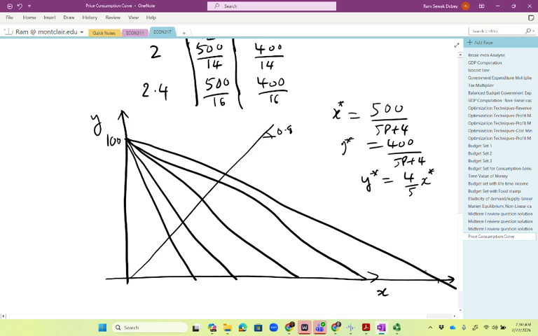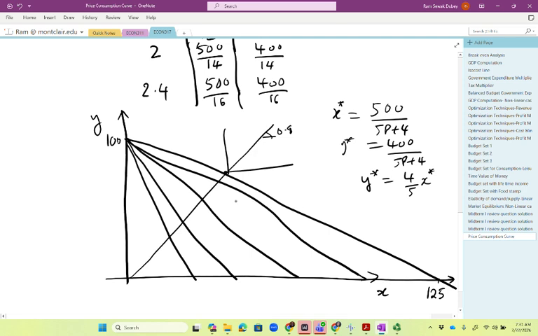So for the budget set which is the outermost, where the horizontal intercept should be 125, the choice made by the consumer is this point. I will draw the indifference curve passing through this point.